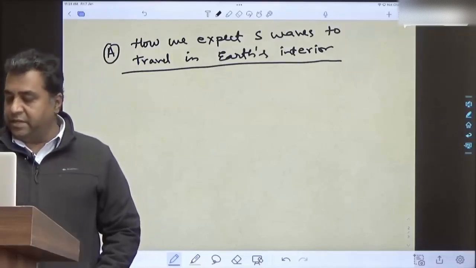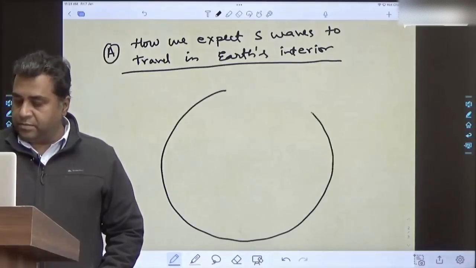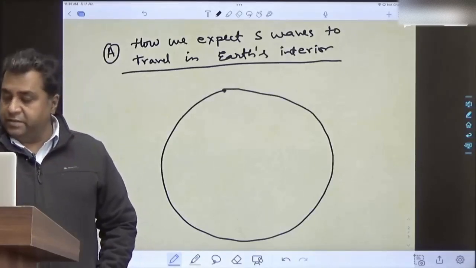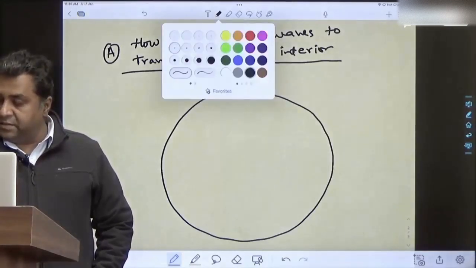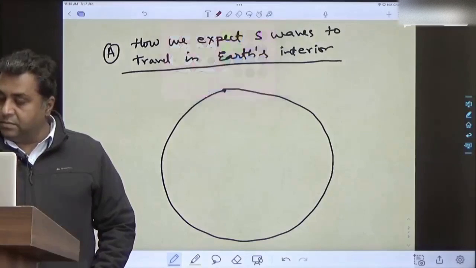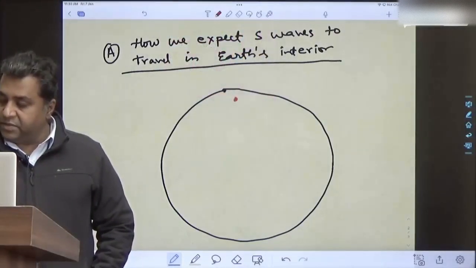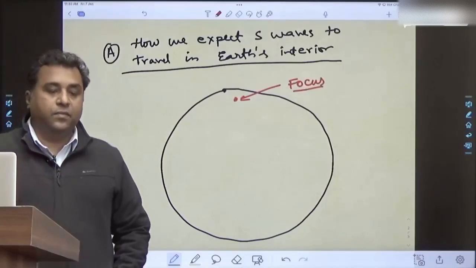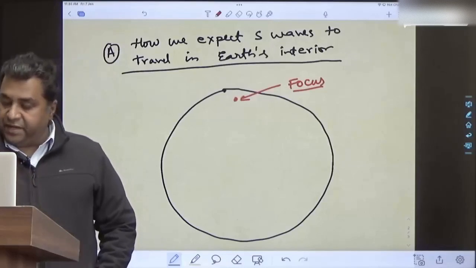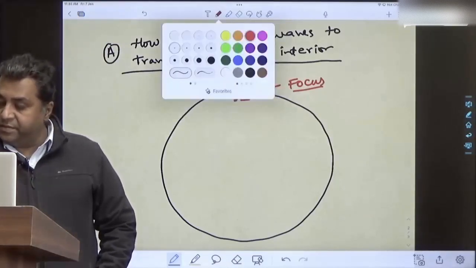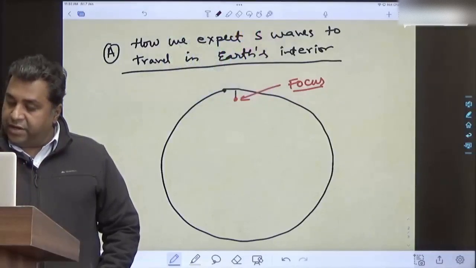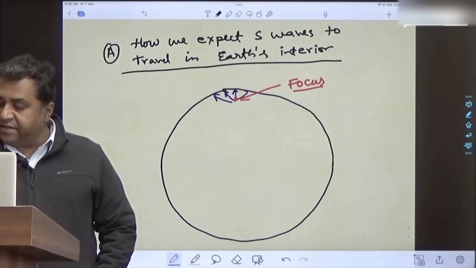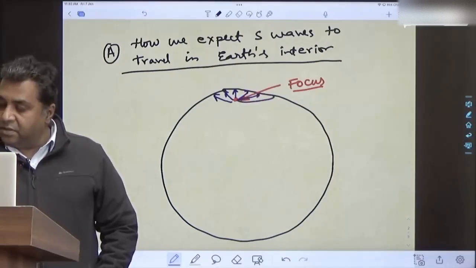Simultaneously. So if this is the Earth, like this, and let us say this is the epicenter, sorry, hypocenter or focus. So we expect the S waves to travel in all directions, and we know that the density inside the Earth slightly varies. As you go deeper, the density becomes more and more.